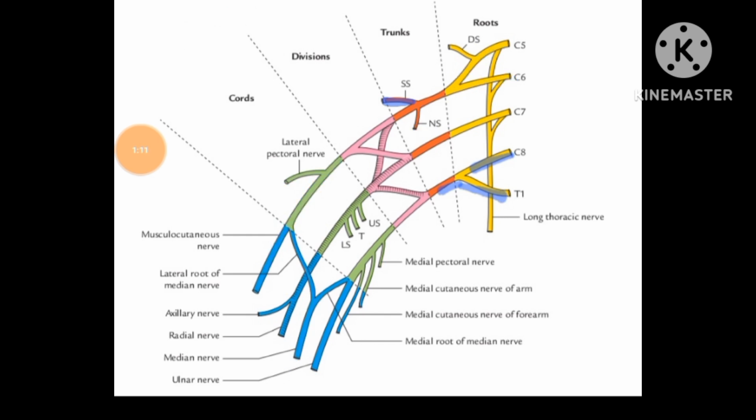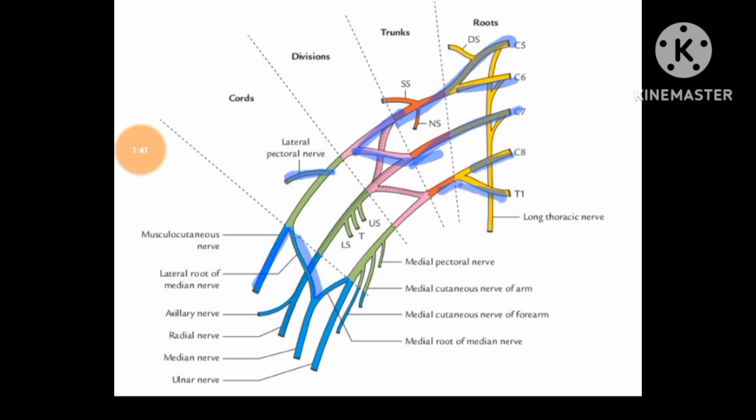The lateral cord is formed by the upper trunk and the middle trunk. The upper trunk is formed by the joining of C5 and C6, and the middle trunk is the continuation of C7.